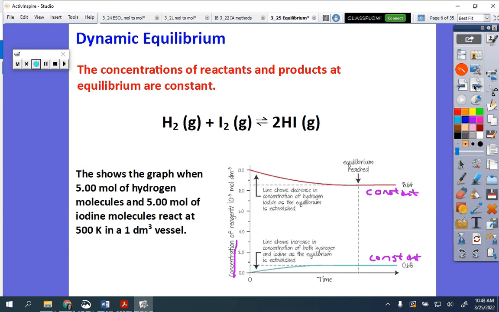Our concentration of reactants would start at 10 and our concentration of products would start at 0. Then we could watch this reaction happen, measure the concentration over time, and see the point at which equilibrium has been reached, where both concentrations are constant. Again, there's still a reaction happening here in both directions at a very small number of particles. So the overall concentration is the same because the reaction is happening equally in both directions.